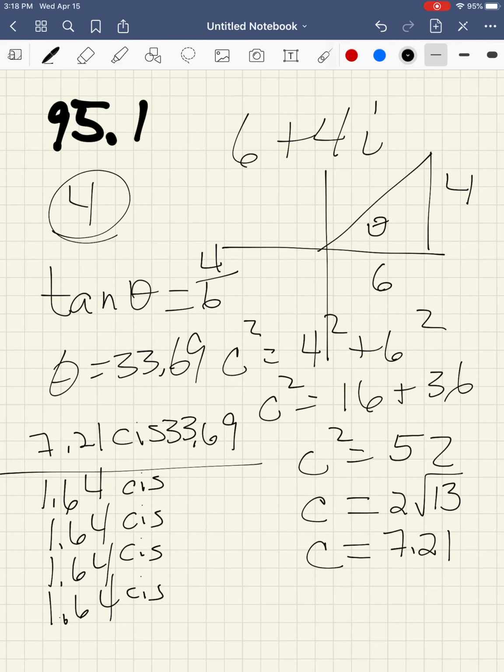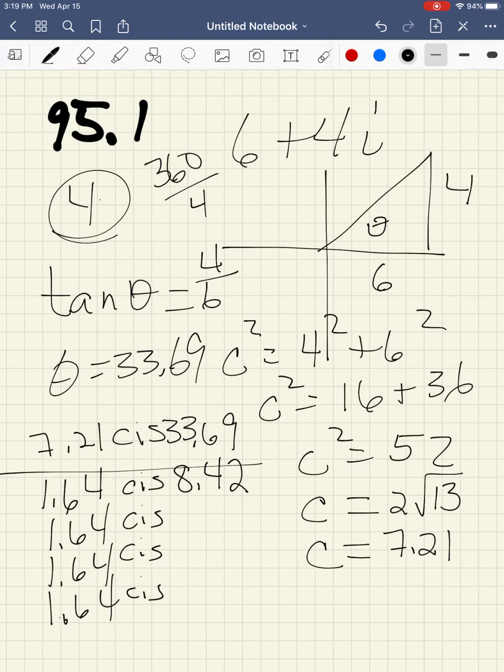Now remember, we take 33.69 and divide it by 4, which gives us 8.42. Okay, now because we were taking the 4 fourth roots, remember we take 360 and we divide it by 4. So each time we go around, the angle is going to differ by 90 degrees because 360 divided by 4 is 90.